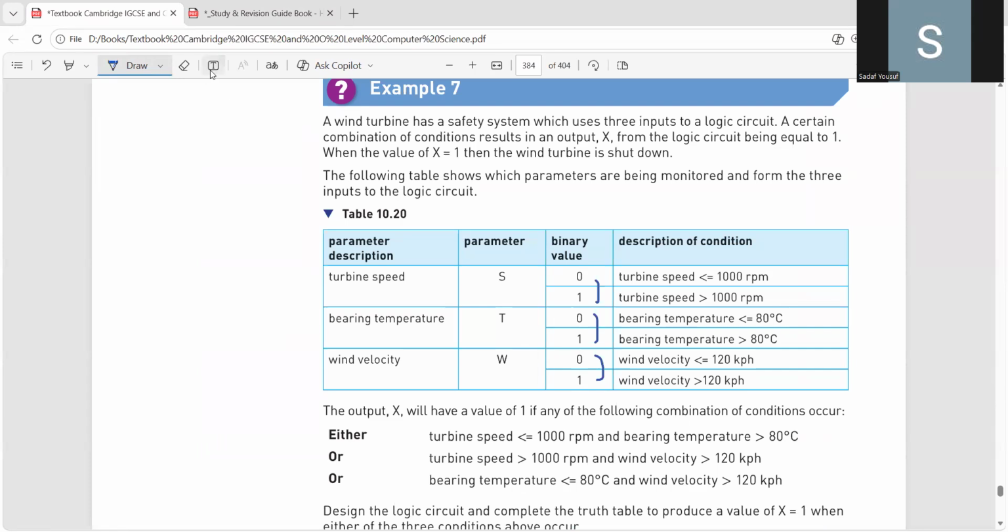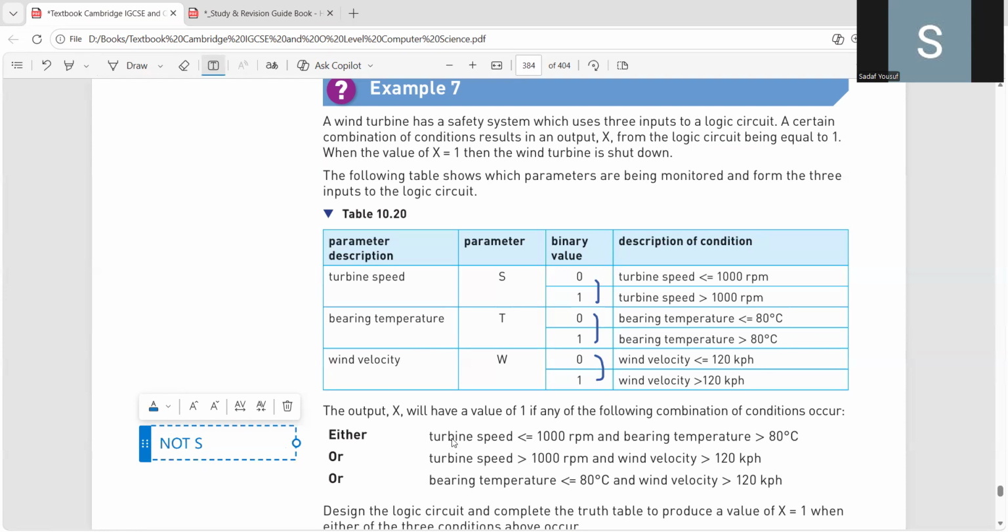Now the first condition, as you can see here, it is done with either and or. Now what is it? Either turbine speed is less than 1000 RPM and temperature is greater than 80. So you look for the variables. Speed is going to be S. And you will look for the value here. S less than or equal to 1000 RPM is represented as, can you see? It is a 0. So what will you write here? You will simply say not S. See, so simple.